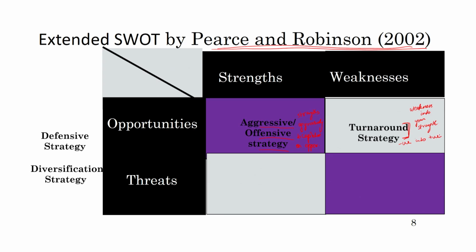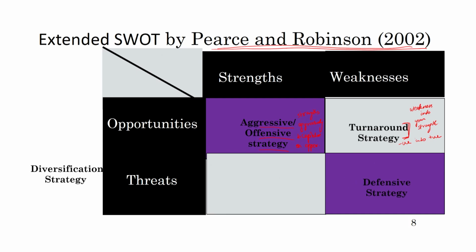So, in the example which we discussed earlier, where we don't have that technology but we want to capitalize on the opportunity, we will acquire it from outside, we will purchase it, we will outsource it. Whatever we are doing, we are trying to convert our negative into our positive. And that is what the turnaround strategy is.